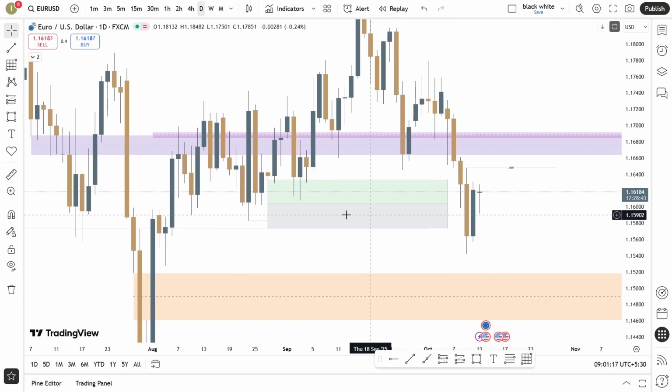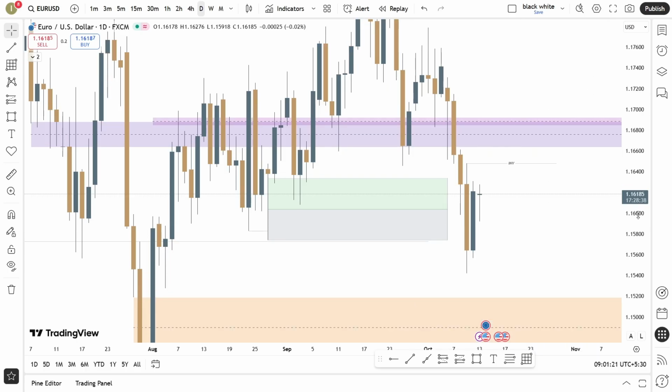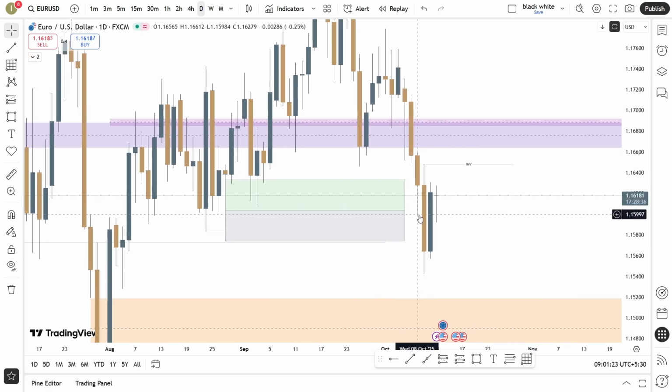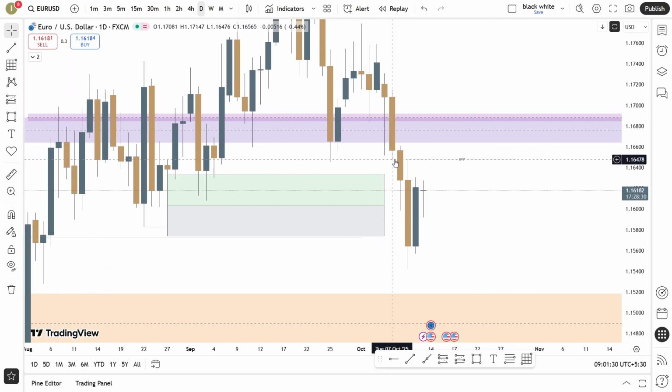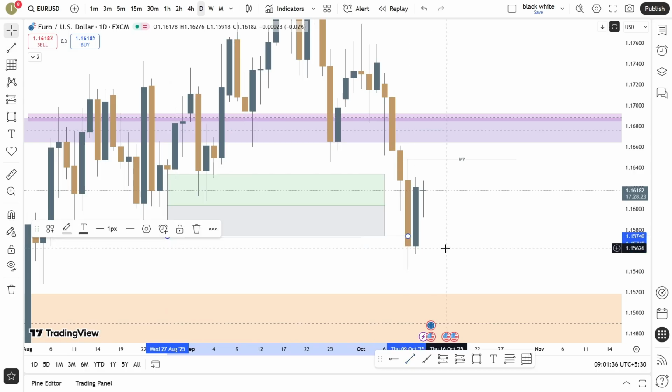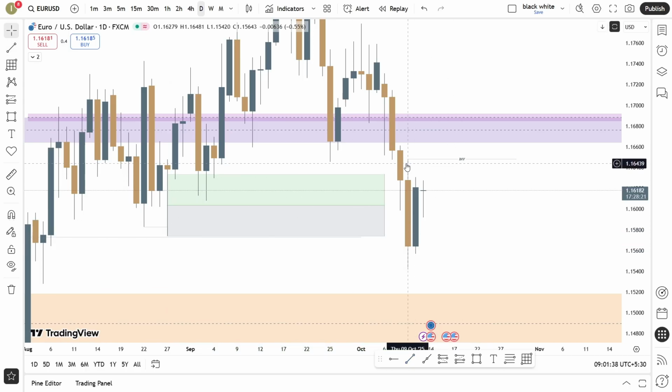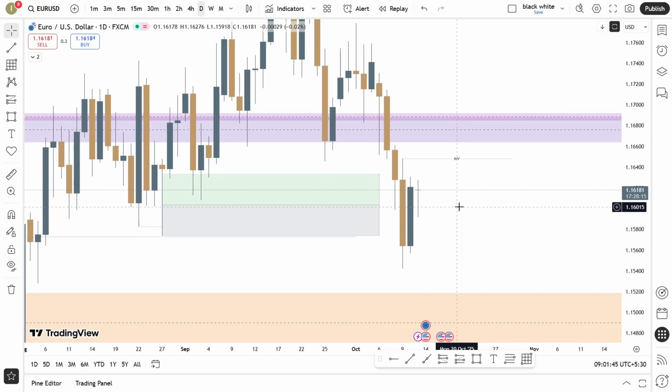And rather, we were having this unmitigated wick, 50% of the wick. So I was anticipating that when the price reached here it would move into the upside direction, but that didn't happen. Rather, the price moved into the downward side and we had a close below this wick level, making me think that this is the primary area, which is our area of resistance for the price for today's bias.